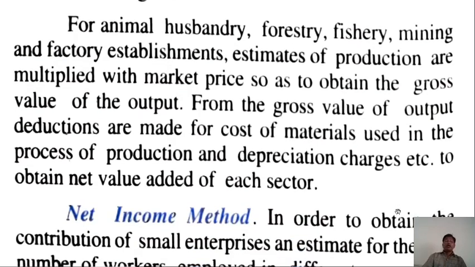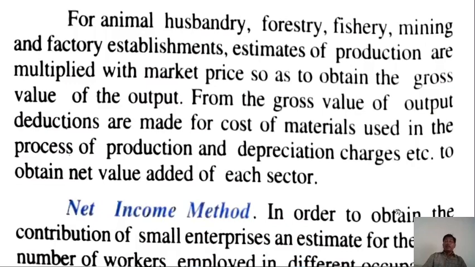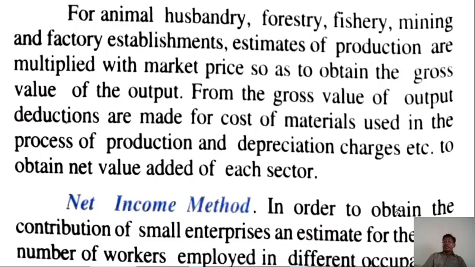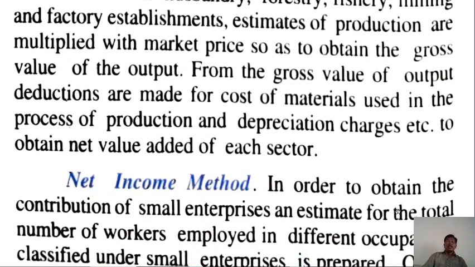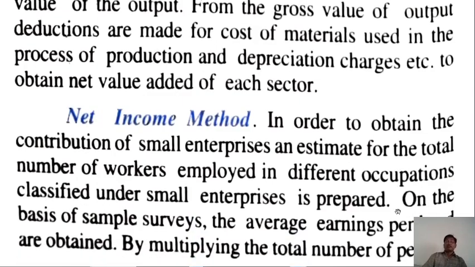From the gross value of output, deductions are made for the cost of material used in the process of production and depreciation charges, etc., to obtain the net value added to each sector. And next, the net income method. Here, same situation: total income minus depreciation or any other cost, and then the remainder is the net income. This is the net income method.